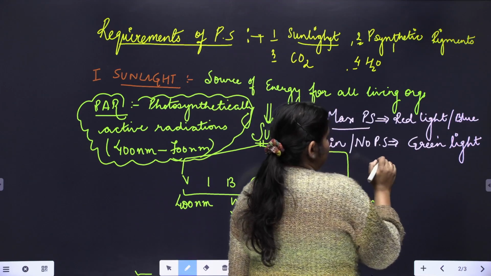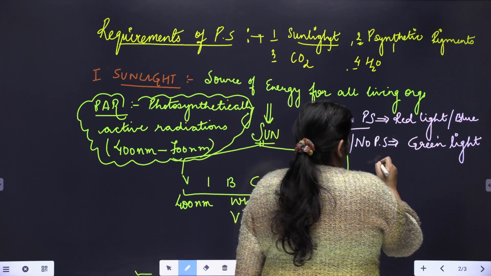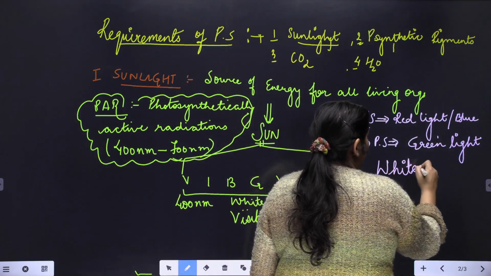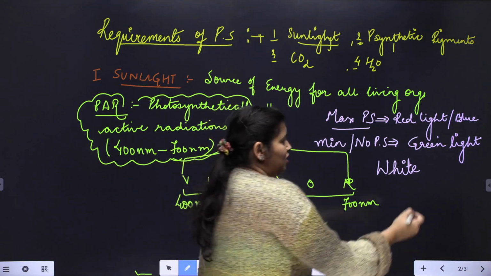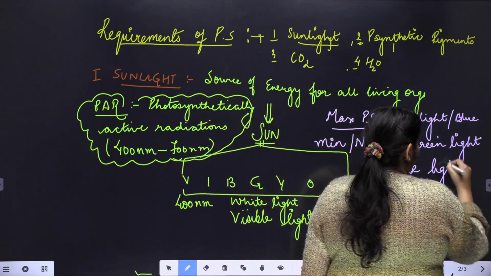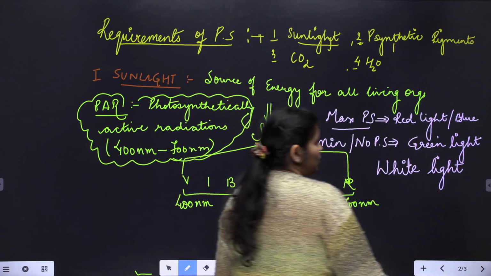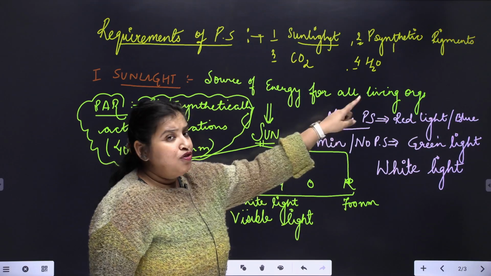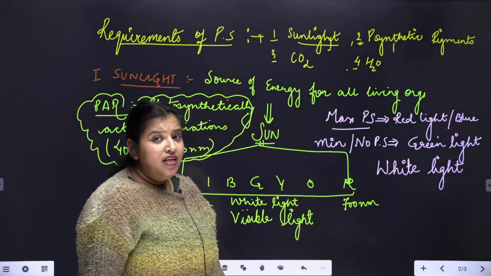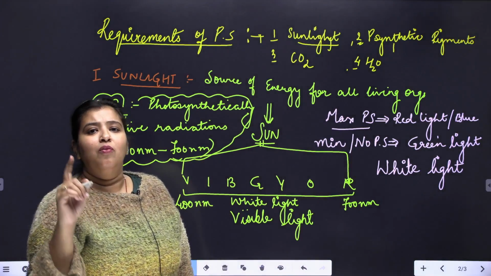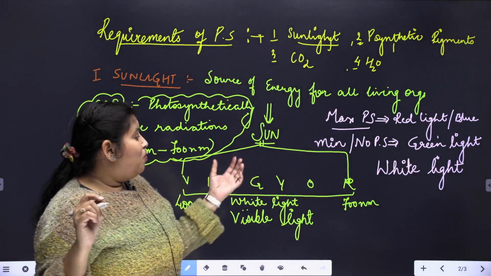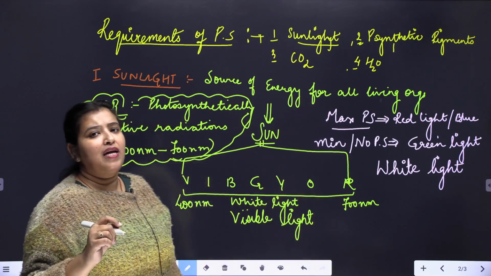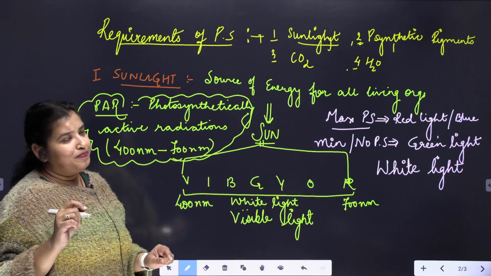Now, if the question asks which of the following light will show maximum photosynthesis, red light, blue light or white light, in that case, your answer will be white light, because white light has all the colors, and so the amount of photosynthesis when calculated will be maximum in white light.